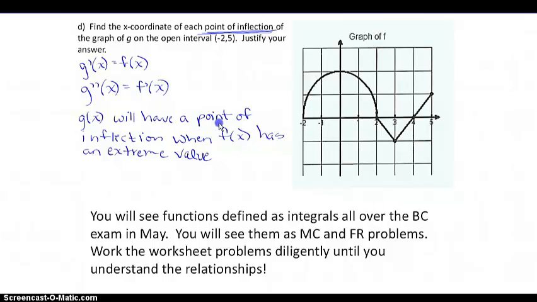Here I'm going to use monotonicity of f because that is where f prime would be positive. g will have a point of inflection when f has an extreme value. This occurs at x equals. So we're looking for maxes and mins anytime that monotonicity changes on f.